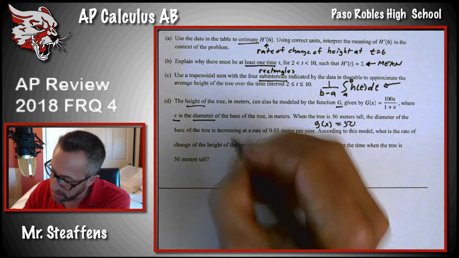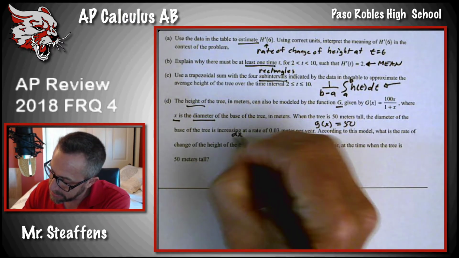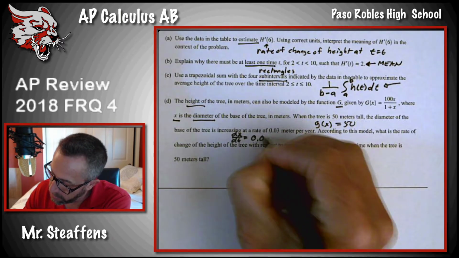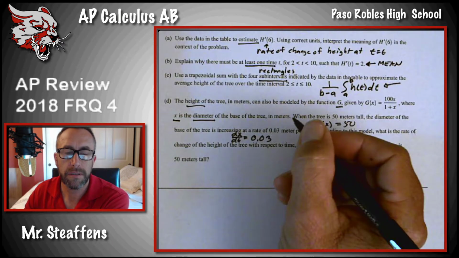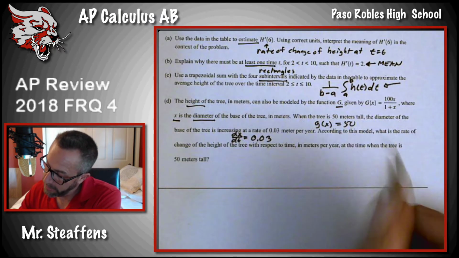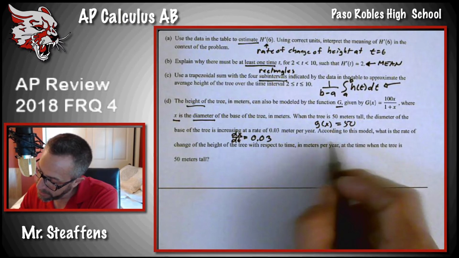So I am talking about dx/dt is 0.03. Uh-oh. I'm going to have to do a rate problem, right?